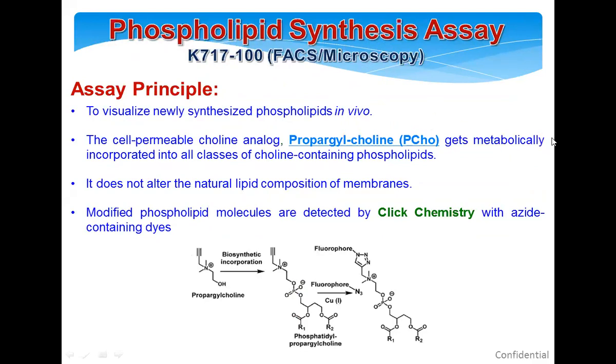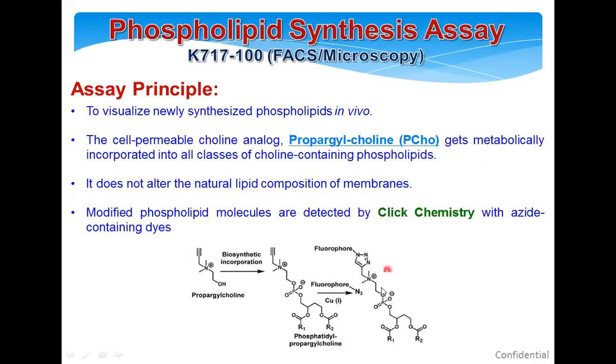It gets metabolically incorporated into all these choline containing phospholipids. And since it's more than 50% of the phospholipid content, that's how it gets incorporated. And the beauty of it is when you add this analog, it does not alter the natural lipid composition of the membrane.